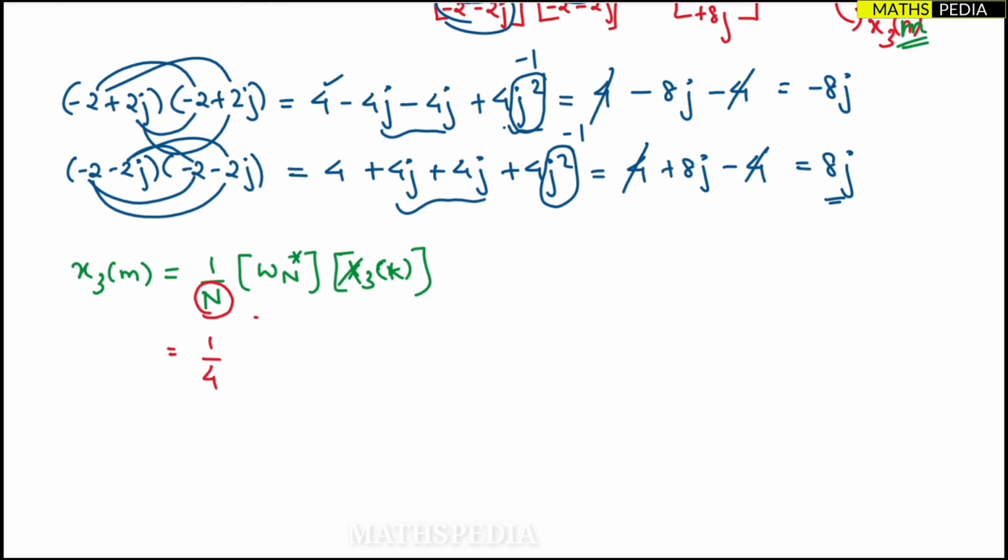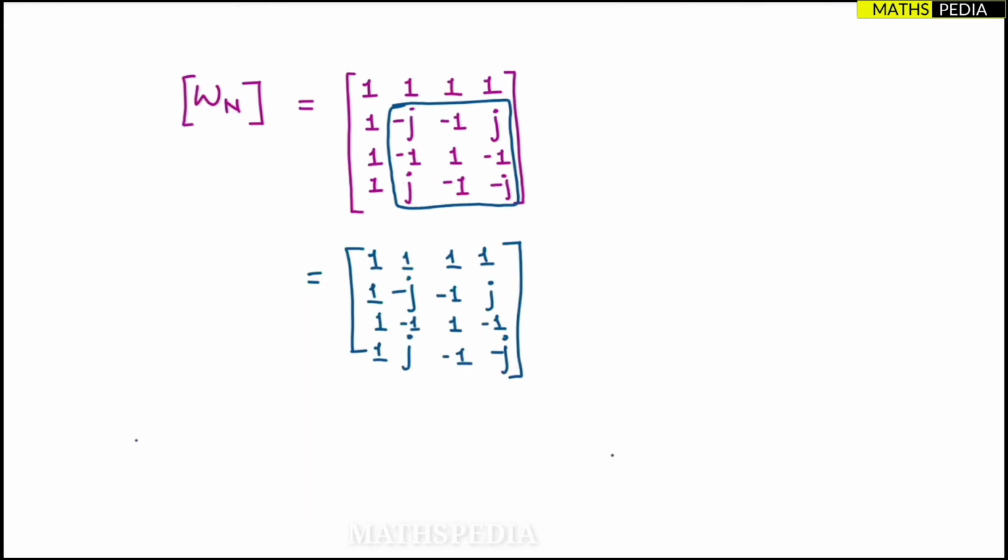Then the conjugate of WN, how to find out that? So see here, we have this WN, right? We have to find out the WN conjugate. Conjugate is nothing but, you might have studied in complex numbers, we just change the imaginary part sign.